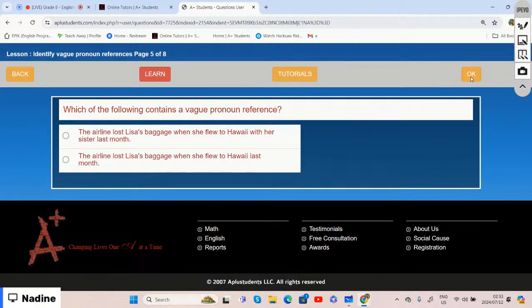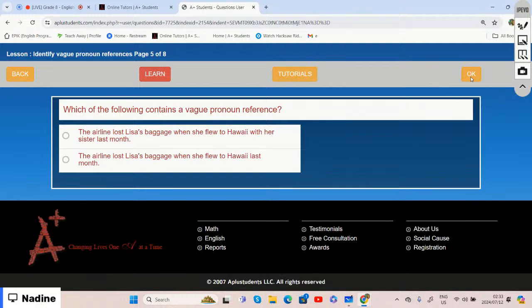All right, the next one says we need to say which one contains a vague pronoun reference. It says, the airline lost Lisa's baggage when she flew to Hawaii with her sister last month.